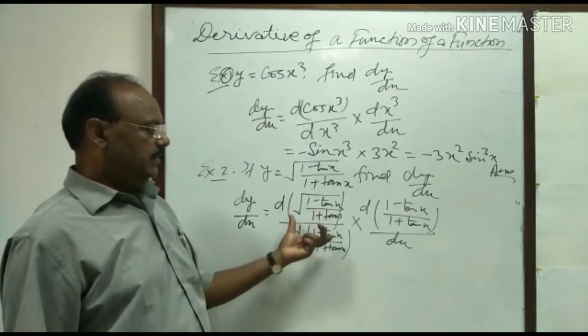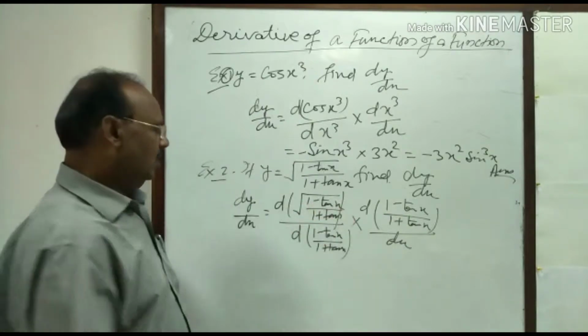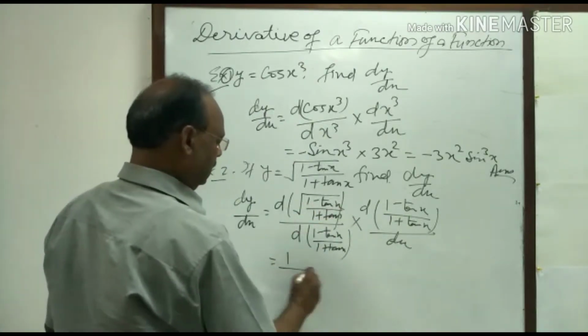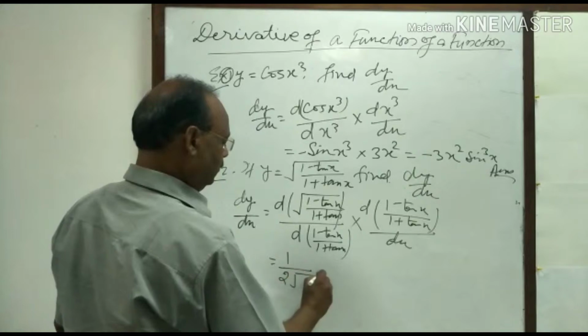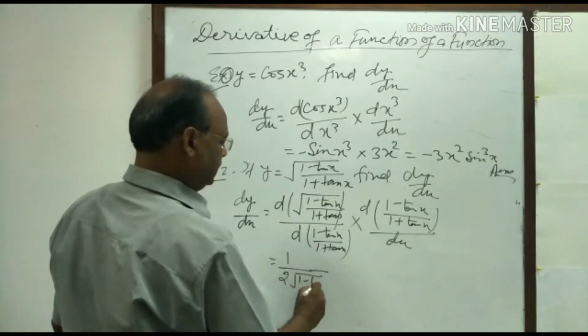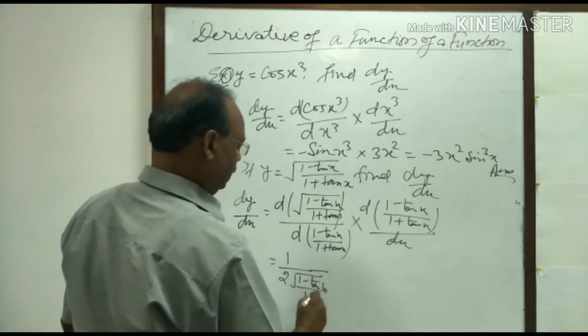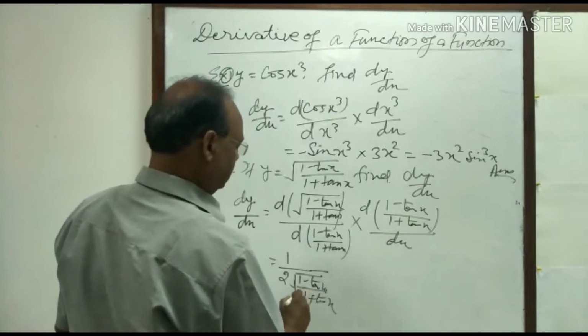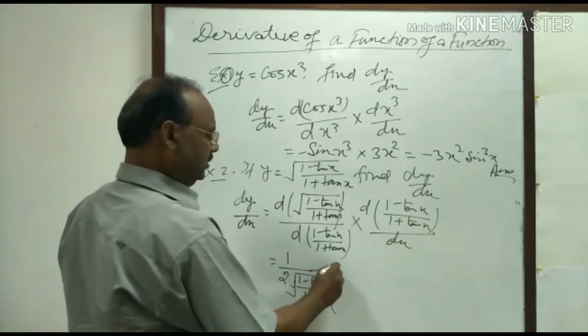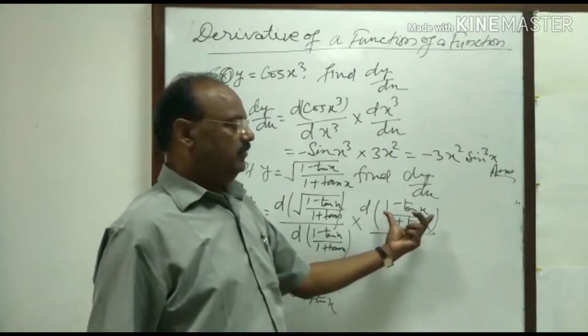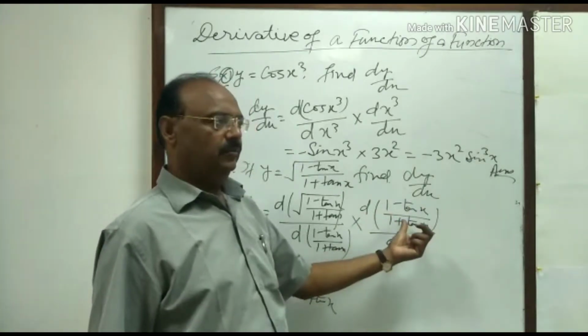You know, by getting the derivative of this radical sign, we can write here half root (1 minus tan x) upon (1 plus tan x), and into here we can apply quotient rule.